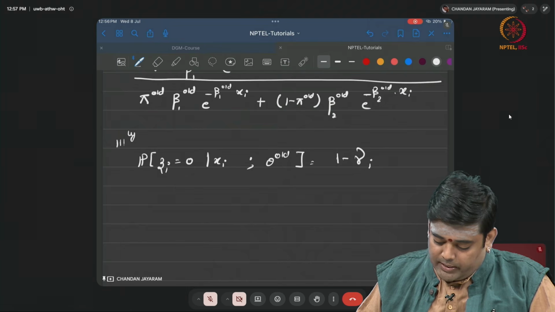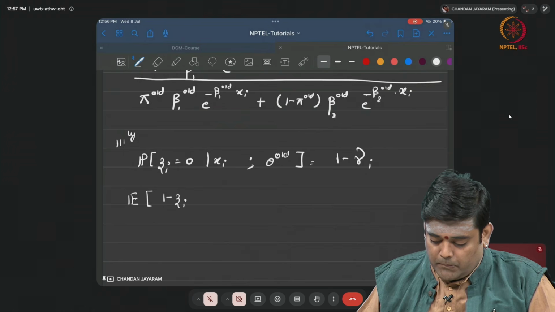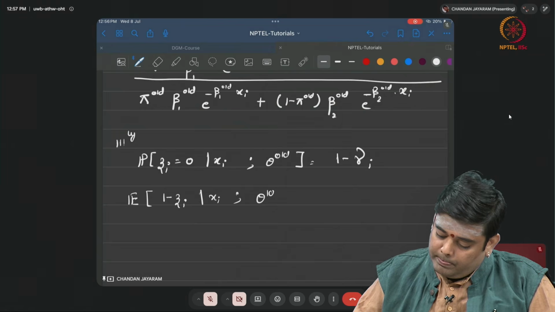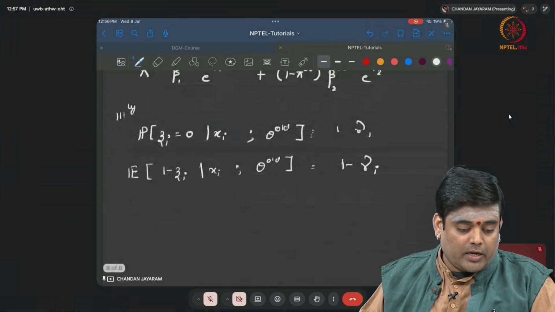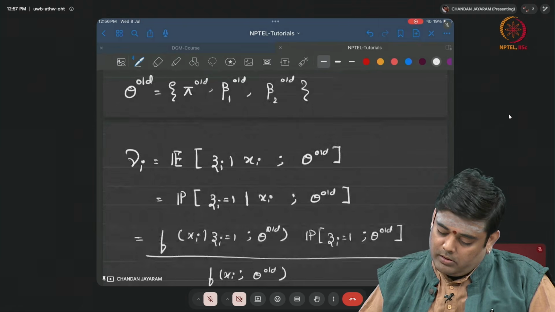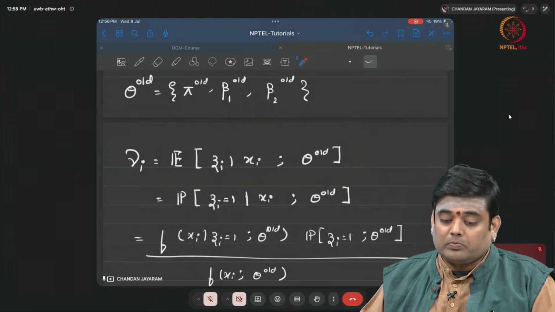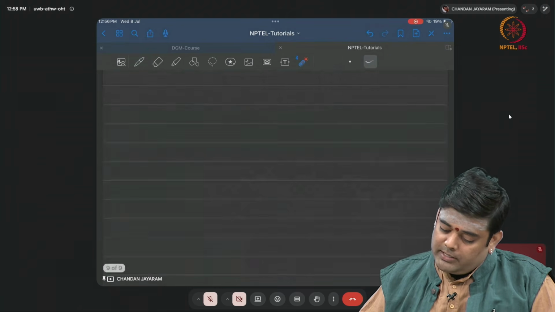Okay, and this is same as the expectation of 1 minus Zi given Xi parameterized by theta old, which is 1 minus the coefficient. Okay. Now this completes the E step. We have computed this expectation now. Now let us go into the Q function. Okay. This completes the E step.